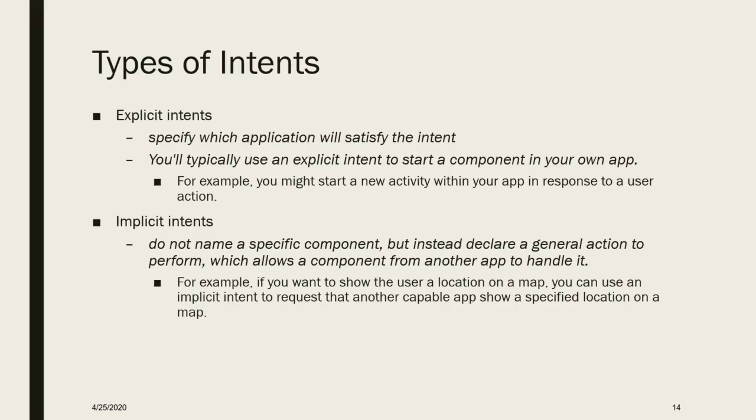Recall the example of your previous lecture, the simple calculator version 1 and version 2. In these examples, we have started activity explicitly because we know the name of the activity that can perform our desired operation, and that is CalculatorActivity.